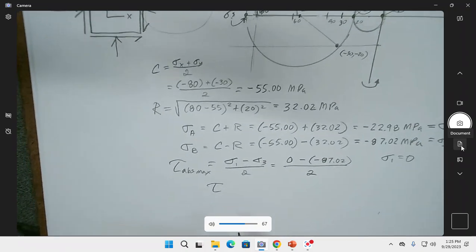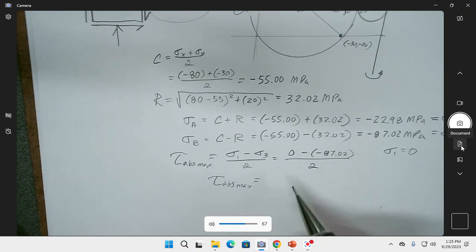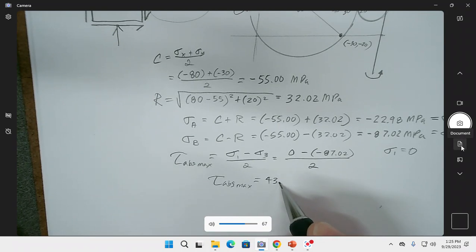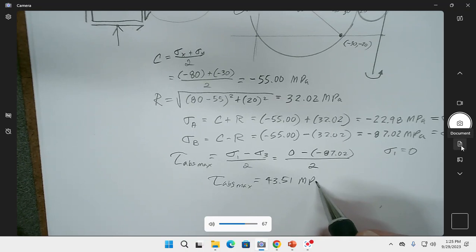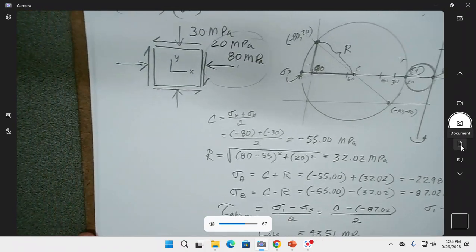So sigma abs max is 87.02, could do it in my head, maybe. No, probably couldn't. 43.51 megapascals.